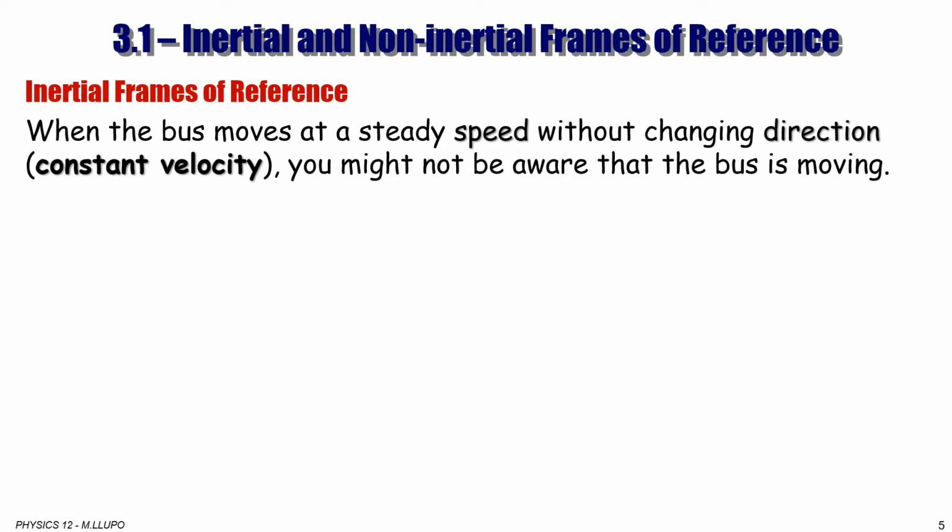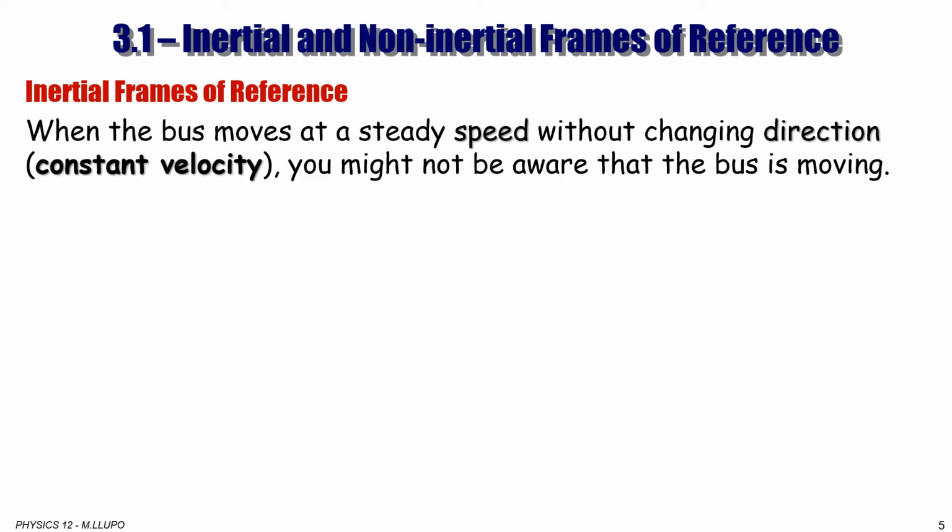To understand the inertial frame of reference, we can analyze the motion of a bus and a ball on the bus floor. When the bus moves at a steady speed without changing its direction, that is, at constant velocity, you might not be aware the bus is moving.